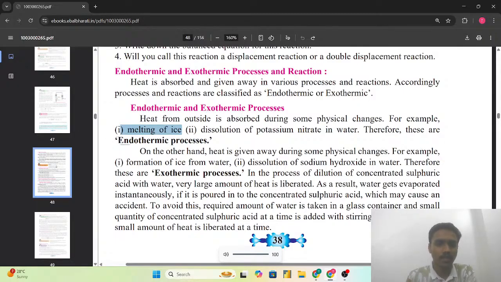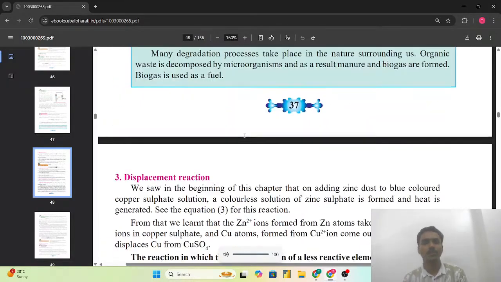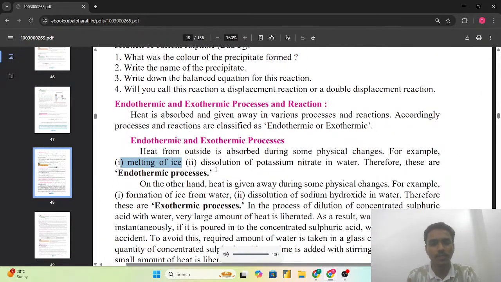Heat gets absorbed into the ice, and the molecular forces of attraction present between the particles of that matter break, which leads to the formation of the product. So after providing heat, the heat is absorbed by the ice cube, which leads to the formation of water. This type of process we can call an endothermic reaction.